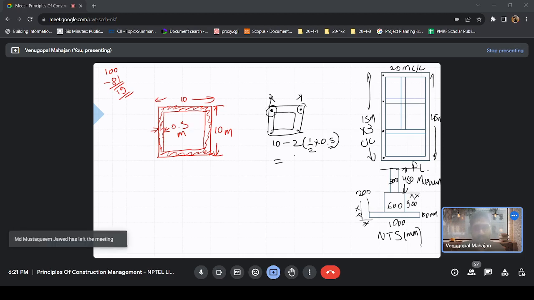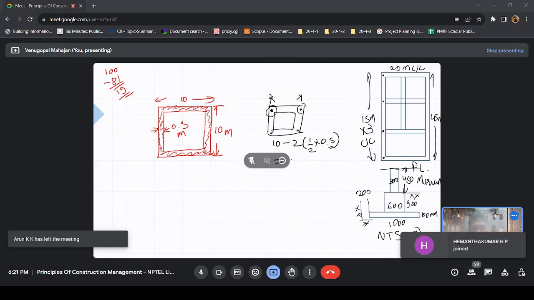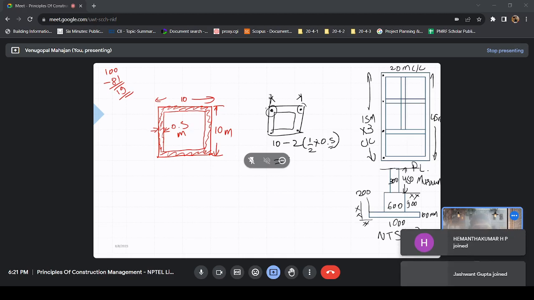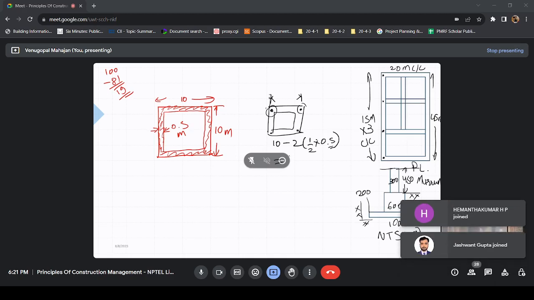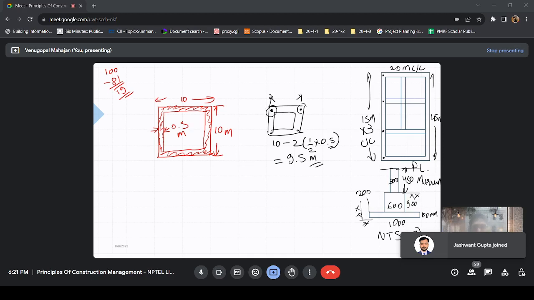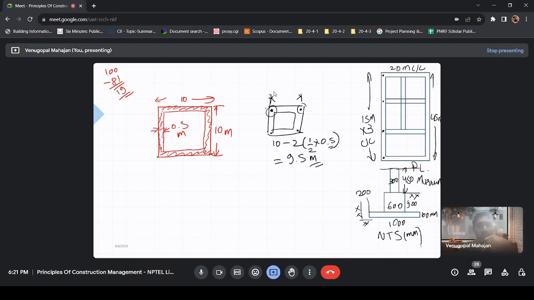Did you get this? Yes, sir. So what is the center line here? You just have to subtract it. 9.5. Okay. And the width is 0.5, right?